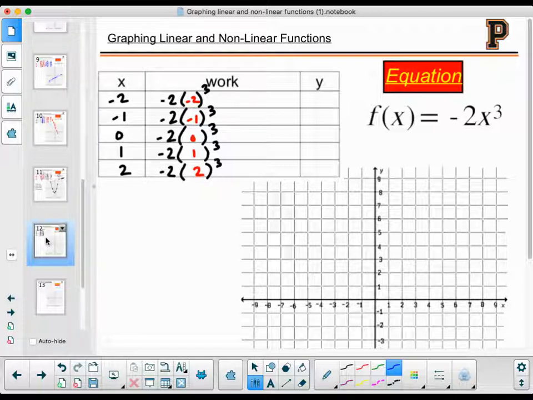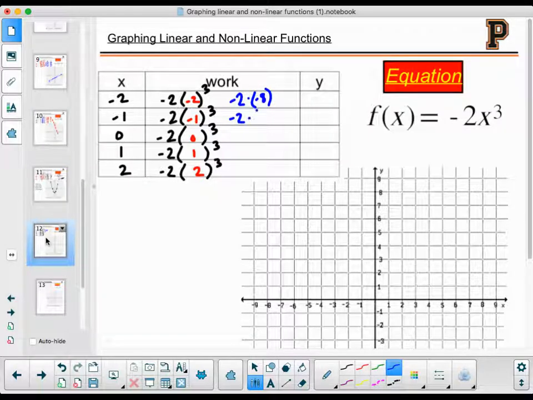So let's try this. -2 times -2 is 4. 4 times another -2 is -8. So essentially what I'm doing here is -2 times -8. -1 to the third power. -1 times -1 is 1. 1 times another -1 is going to get me -1.